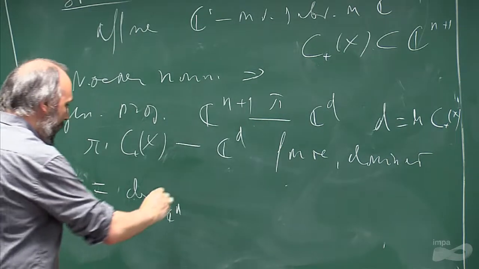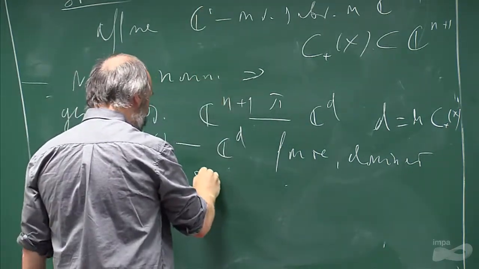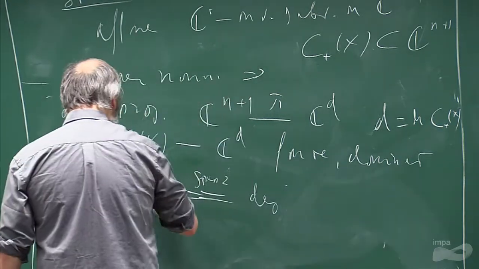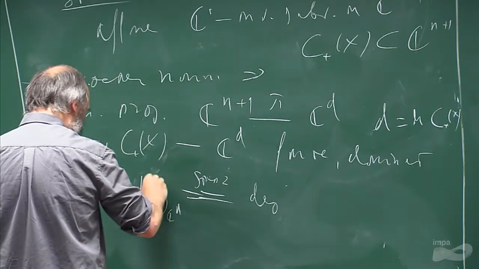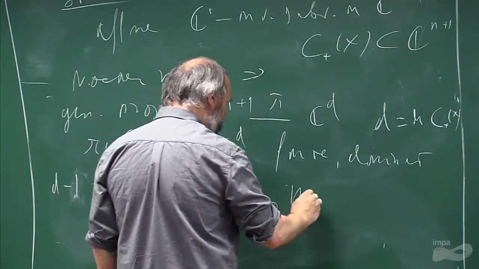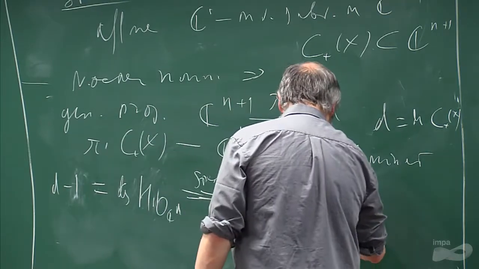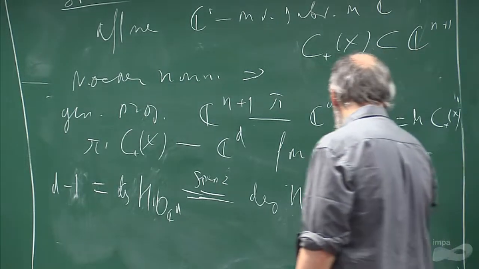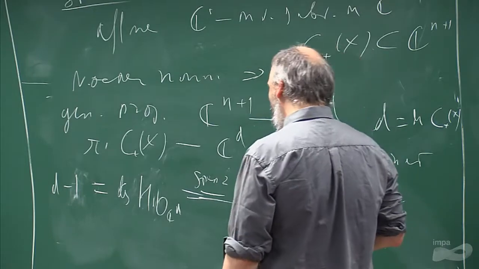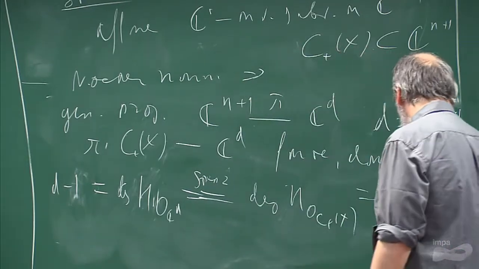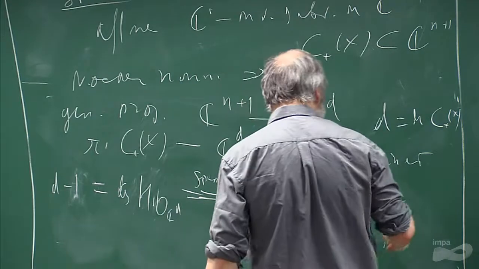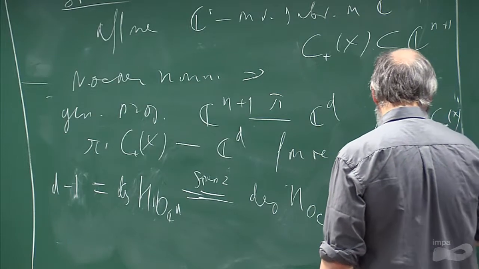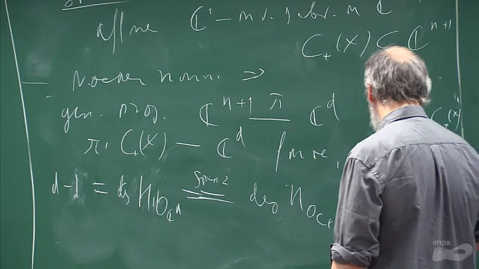And this is by the previous step, step 2. This is the same as the degree of the Hilbert polynomial, so it's the degree of Hilbert of O C n, the degree of Hilbert of O C plus of x. But this is the same as the dimension, they have the same dimension, so it's the dimension of O C plus of x minus 1.